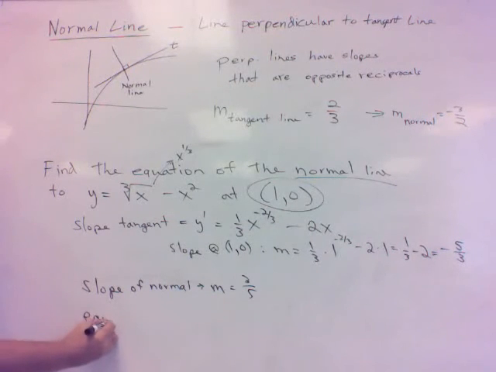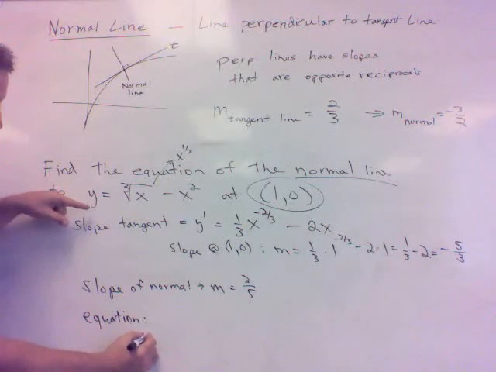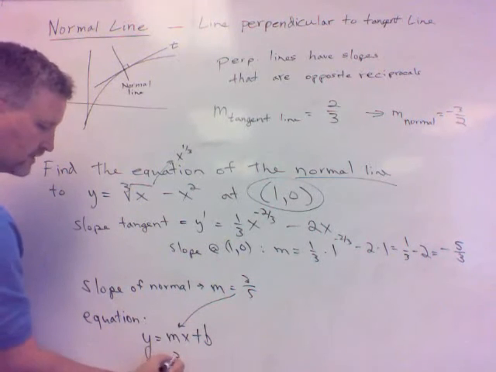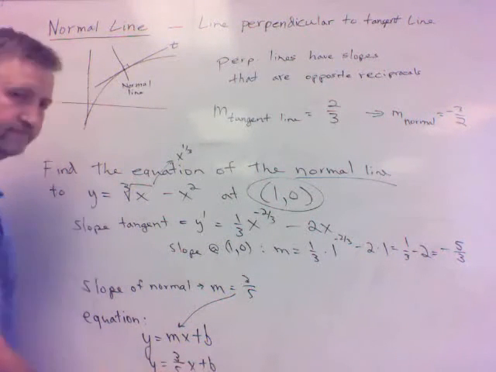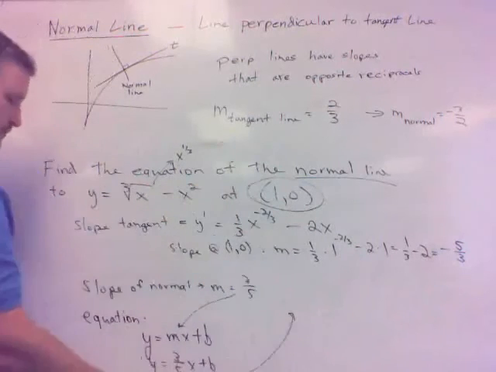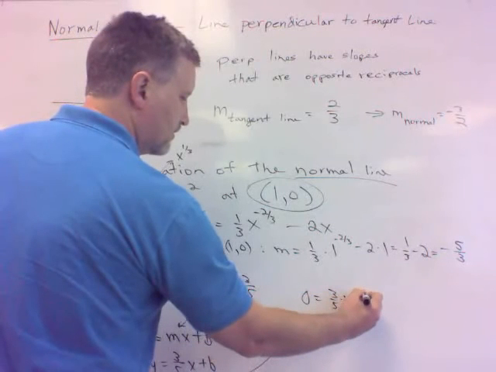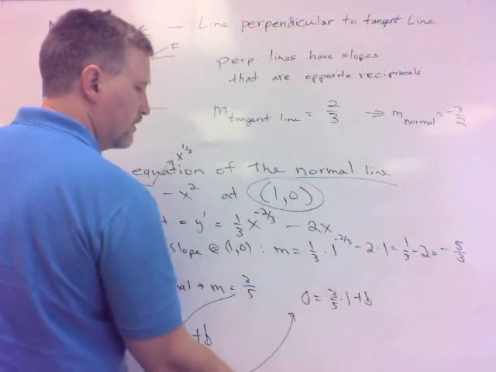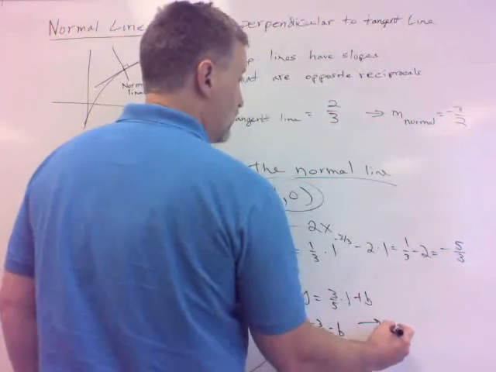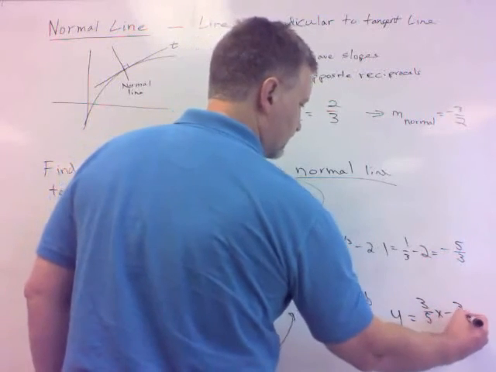So the equation of the normal line: y equals mx plus b, with m, so that's 3/5 x plus b. Plug in x and y from (1, 0), 0 for y, 1 for x. It looks like b is -3/5. So the normal line will be y equals 3/5 x minus 3/5.